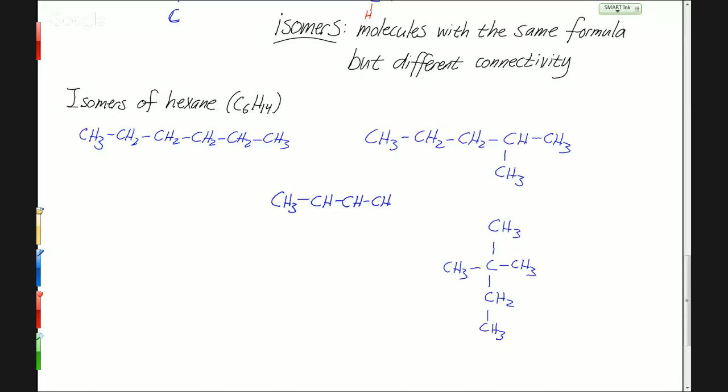And when we get into naming on Thursday, that will be another way to distinguish isomers from one another, if they have the same name or not. All right. Those are our 5 isomers of hexane.